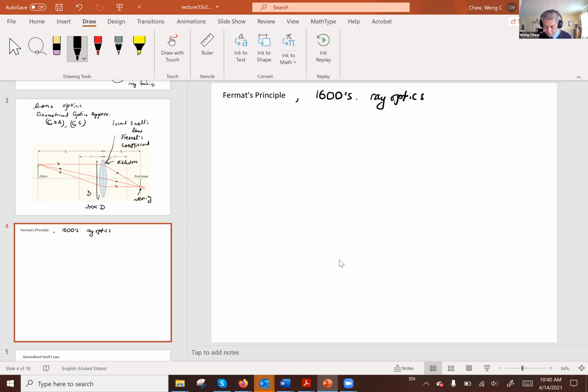And I like to point out the fact that Snell's law was also known in the Islamic world about 984 AD. Okay, so what is Fermat's principle? It is a principle based on least action.